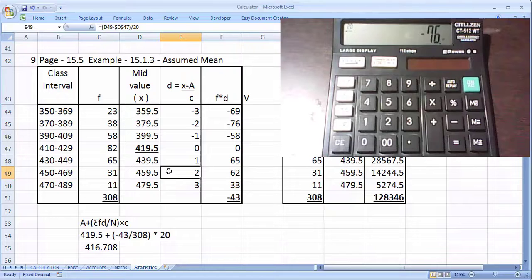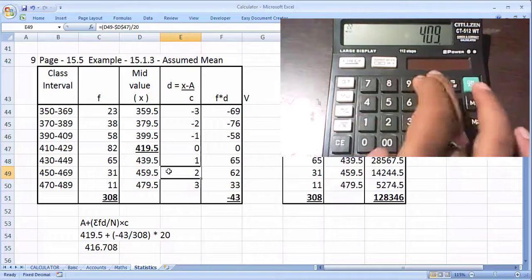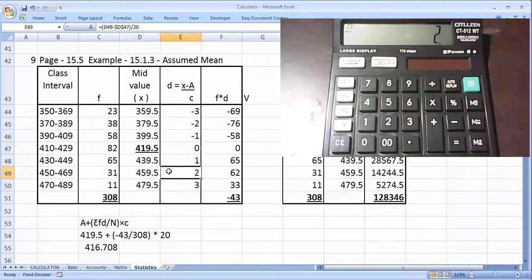Minus 76. Same: 390 plus 409 divided by 2. This is the X value minus assumed mean 419.5, divided by class interval 20, into how much? 58, so minus 58. Now, the assumed mean row you can leave off because that will get 0 itself.